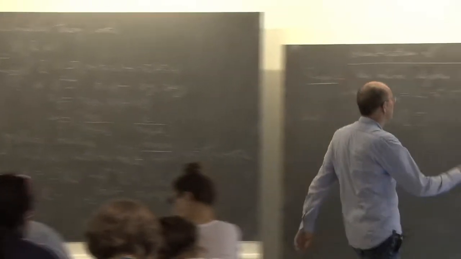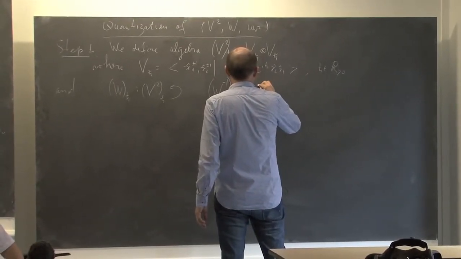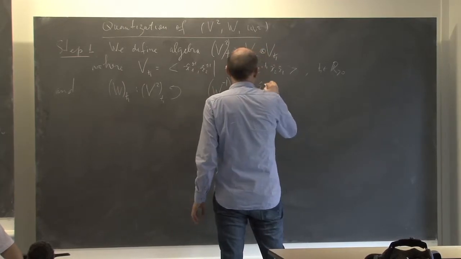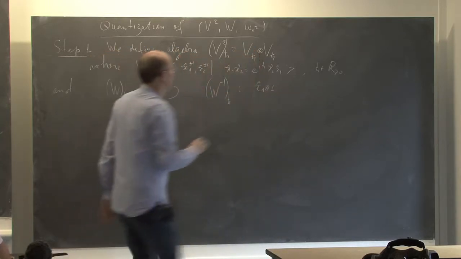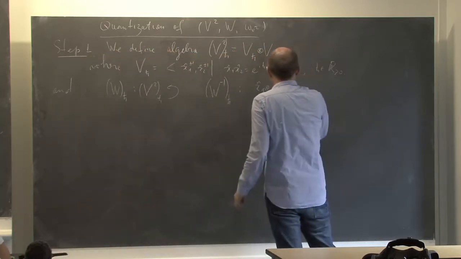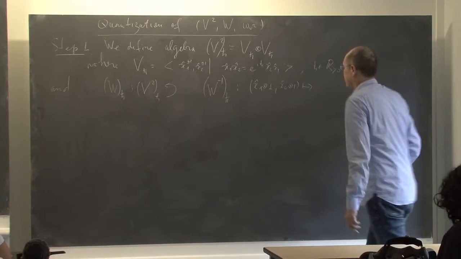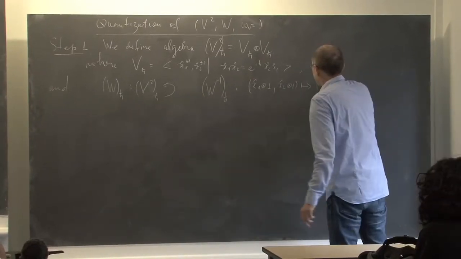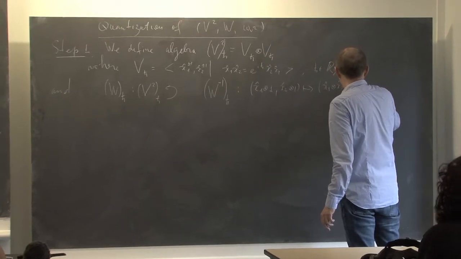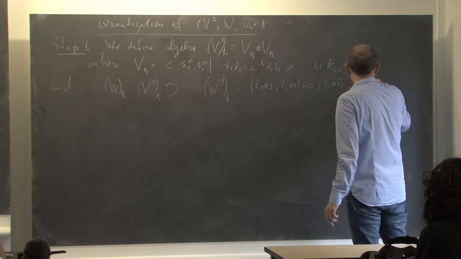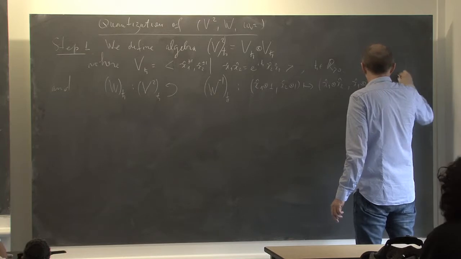And then we just say where go the generators. So we have to say where goes this guy sitting in there, where goes this guy, and we say that this pair goes to x1 tensor x2, comma, x1 tensor x2 plus x2 tensor 1.